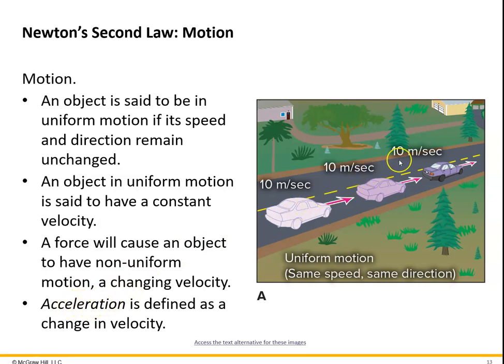Or you're coming to a red light and you hit the brake. That's also acceleration, but we call that negative acceleration. In physics and astronomy, nobody uses the term deceleration. We just stick with acceleration, negative or positive.